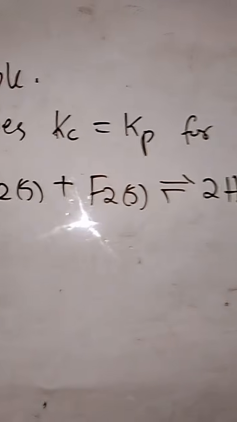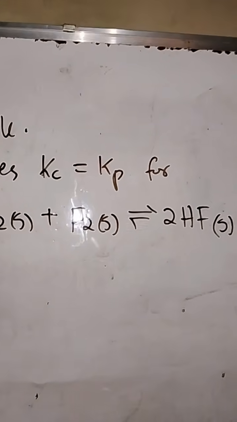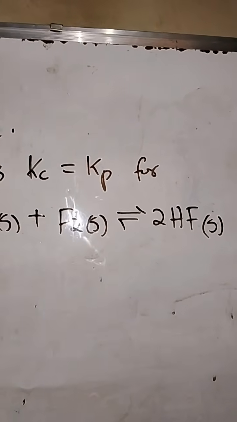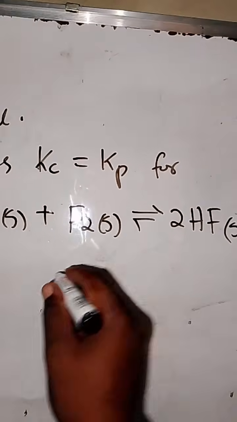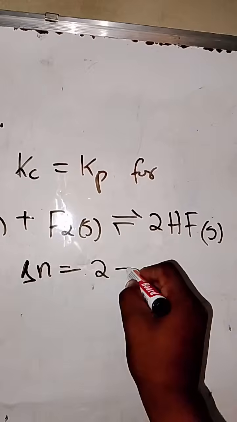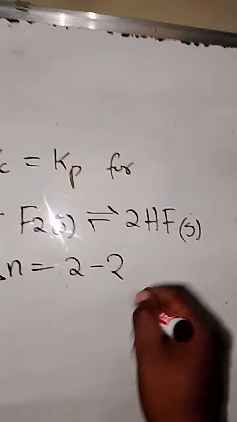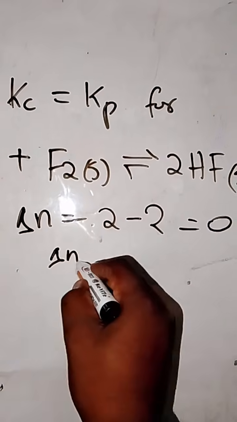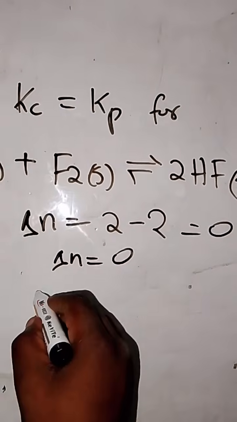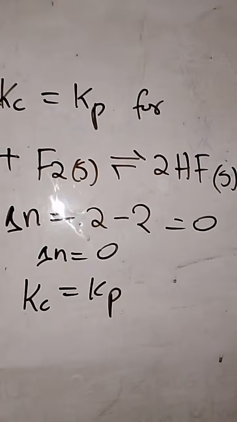So what we just need to find is delta n. In this case, delta n is equal to 2 minus 2, since there is 1 plus 1, which is equal to 2. So delta n is equal to 0, so Kc is equal to Kp.